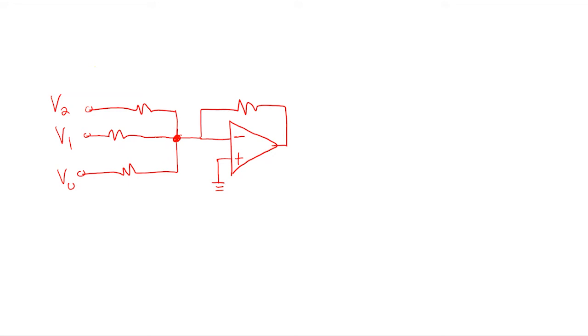I didn't catch that. You said V minus is at ground? V minus is at 0 volts. It doesn't matter, because V plus is at ground. Okay, I see. And then I can do nodal analysis.